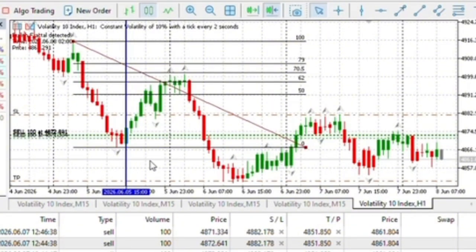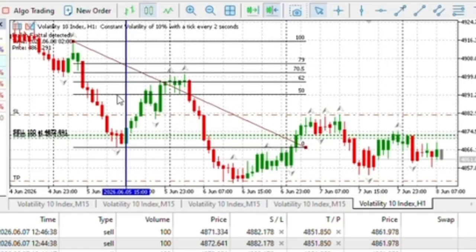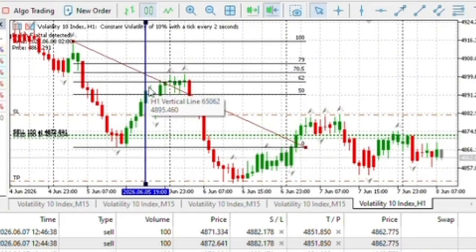How do we enter? So once you have a bullish candle close above, it has to close above the Fibo level 50. The next thing you are going to do is to scale down to a lower time frame. So over here, you use a vertical line to mark this bullish candle that closed above the 50.